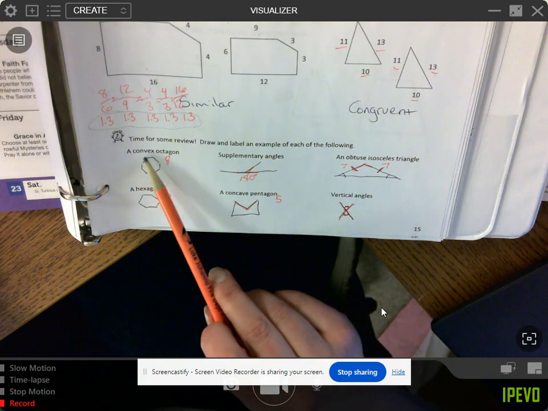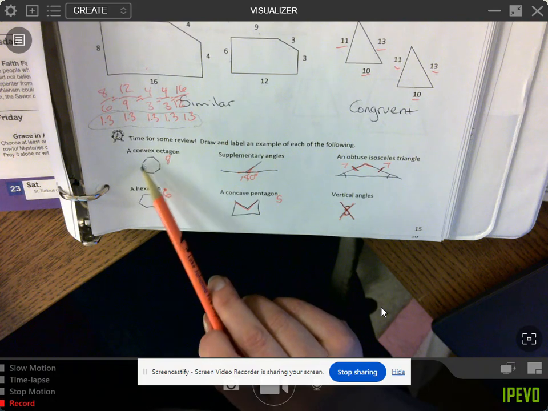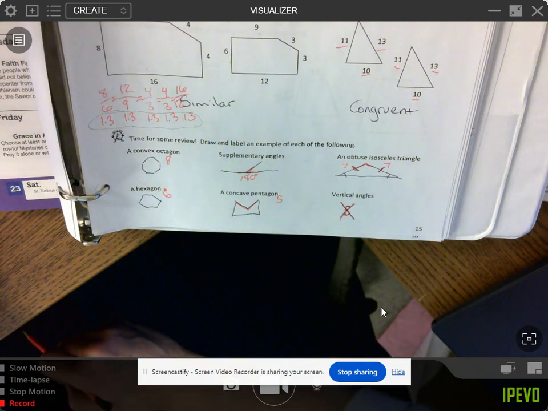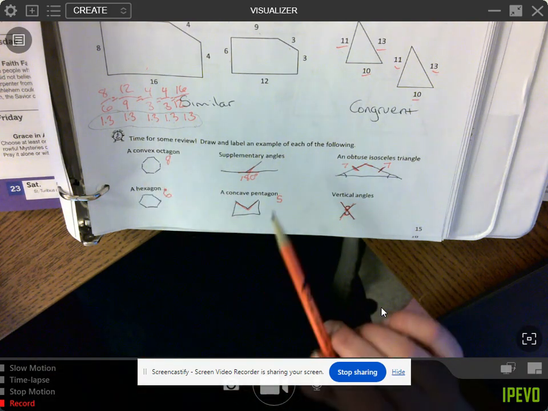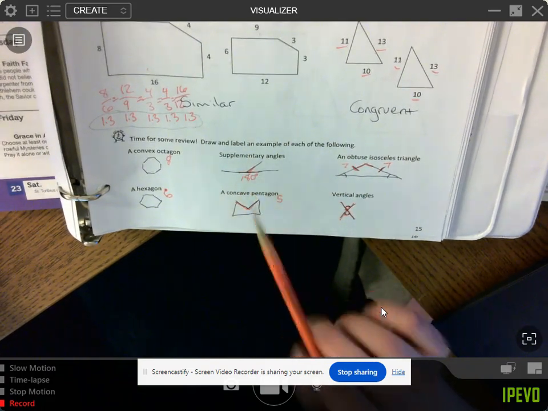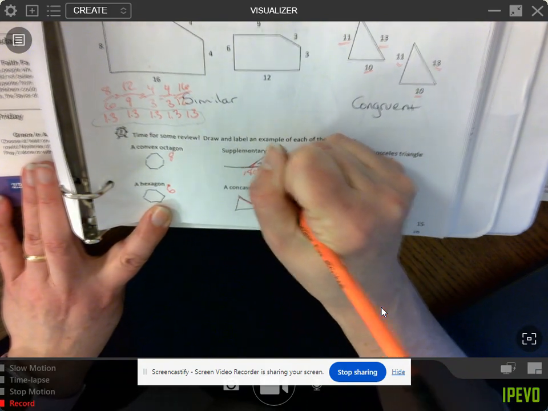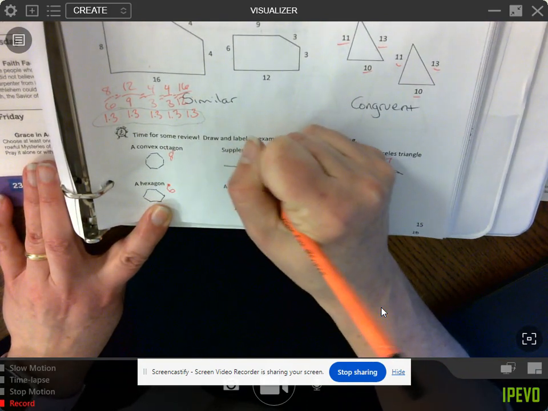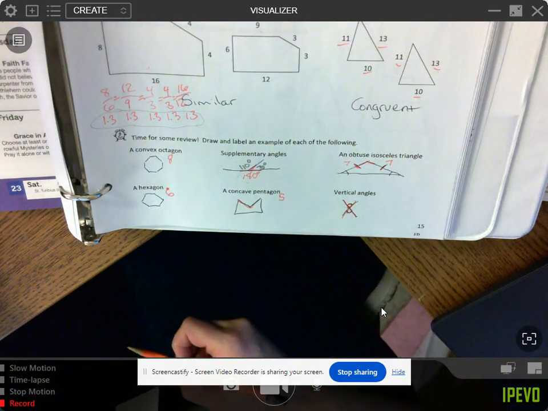So a convex octagon has 8 sides. So you had to show 8 sides, and you had to show that all the inside angles are small. No cave-ins, right? So there's no cave-ins, 8 sides. Supplementary angles, you needed 2 angles that equal 180 degrees. So I should have put angle measurements in here. 110 plus 70 gets me my 180 degrees.